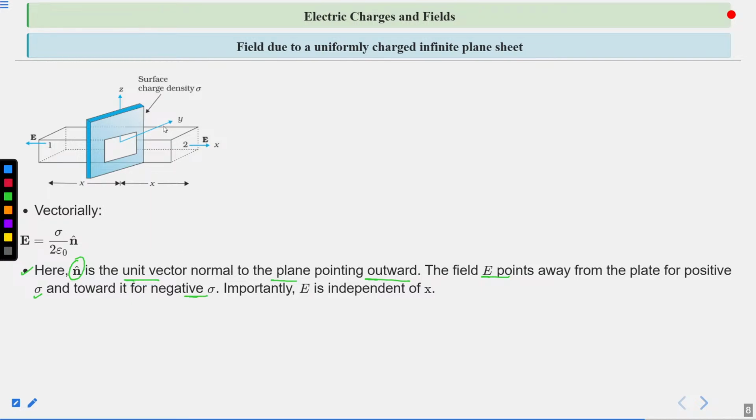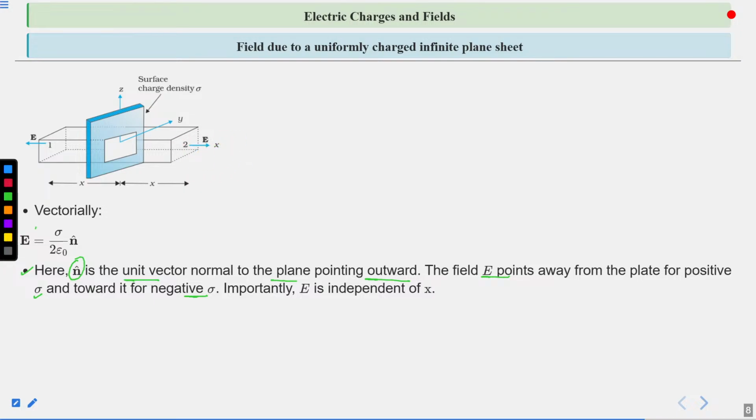If sigma is positive, the direction of the electric field is radially outward. And if the surface charge density is positive, the direction is away from the sheet. Clear?